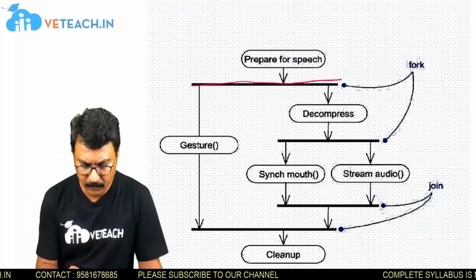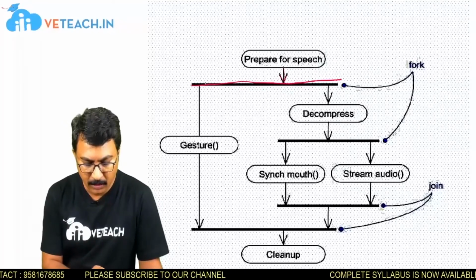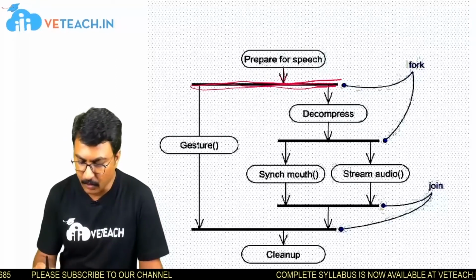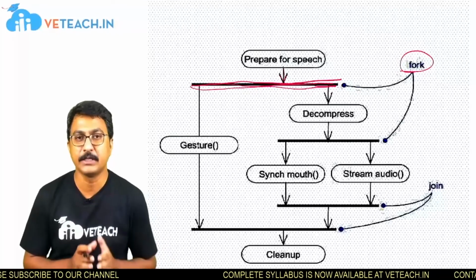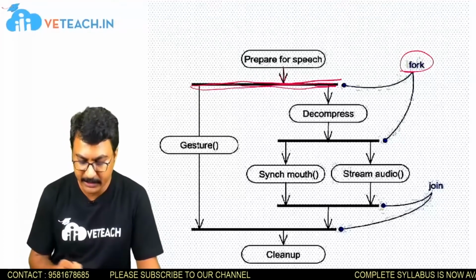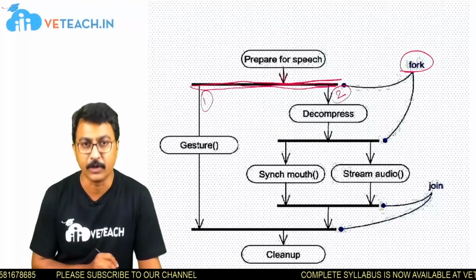The transition is going into a horizontal line. The horizontal line is called a fork. So what does a fork do? It splits the flow of control. It generates concurrent flows of control. How many did it generate? It generated two concurrent flows of control.